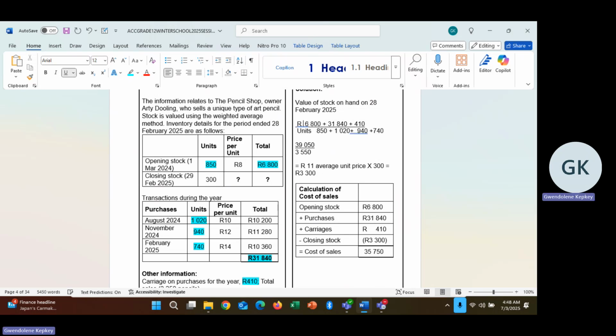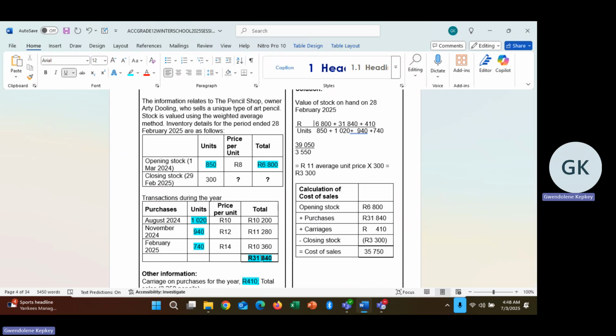So my rand value is as follows. My opening stock, and I indicate the rand value at 6,800. Then I'm going to add my purchases. Its rand value is 31,840.